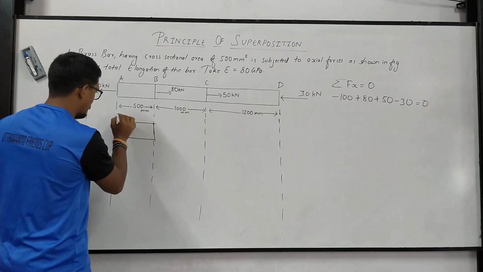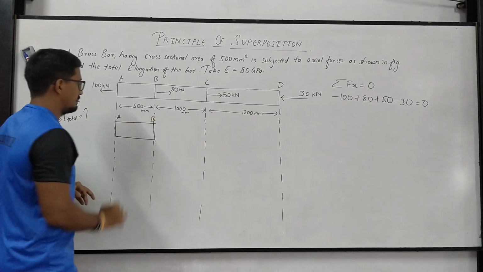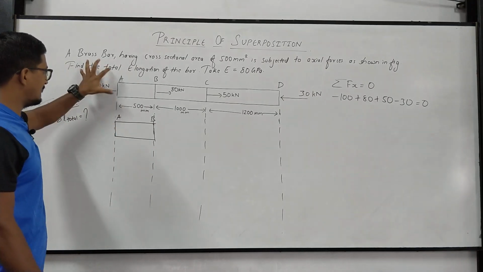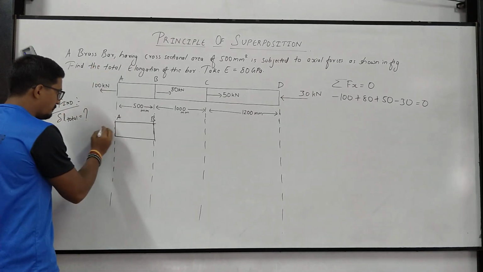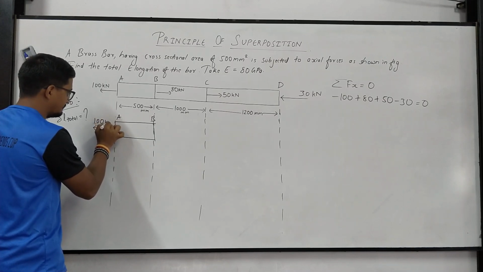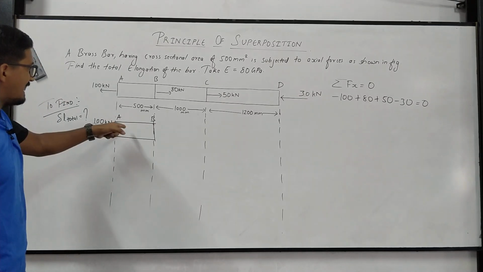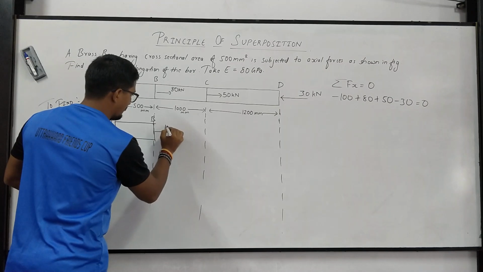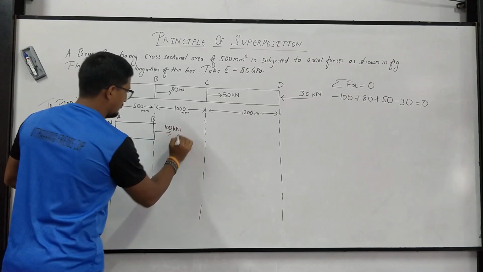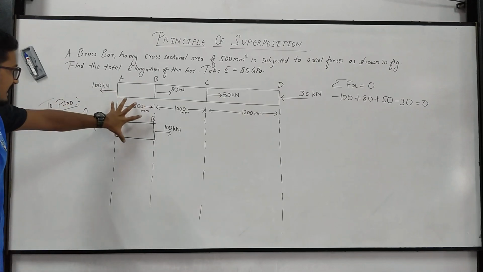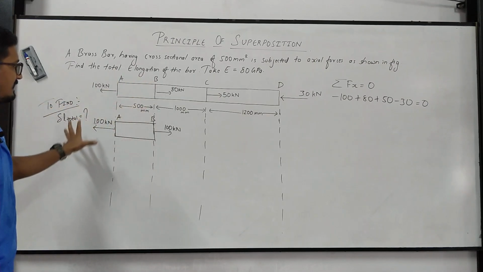So what is the external force acting on this AB? The external force is 100 kilonewton like this, correct? Now to balance this AB, I will put another 100 kilonewton here. So this bar AB, the extreme left section, is now balanced.